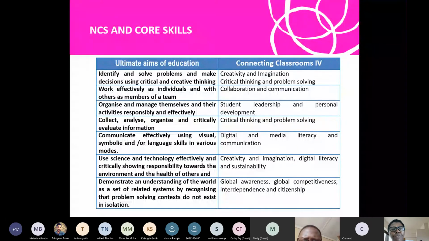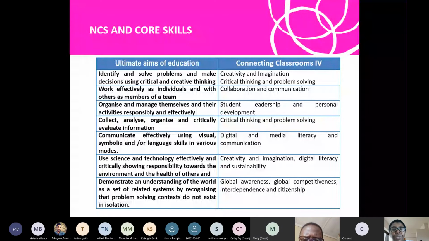Another aim of education is to organize and manage yourself and your activities responsibly and effectively. The core skill there is student leadership and personal development. Learners must be able to collect, analyze, organize, and critically evaluate information. The core skill there is critical thinking and problem solving.